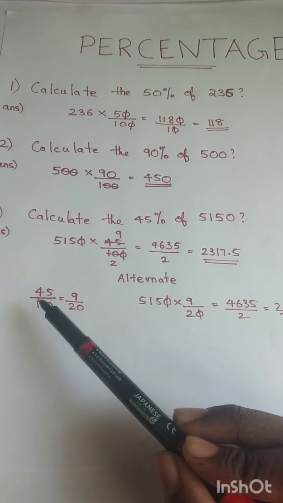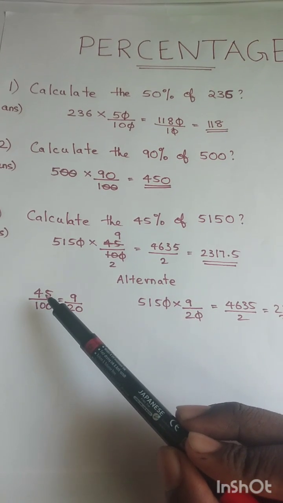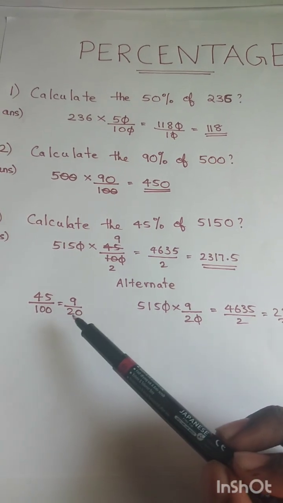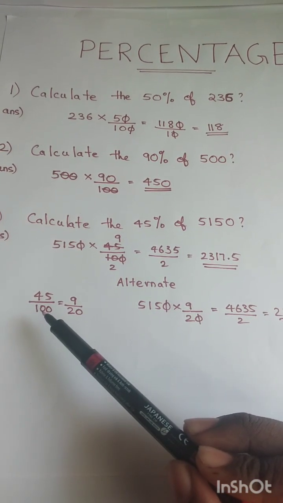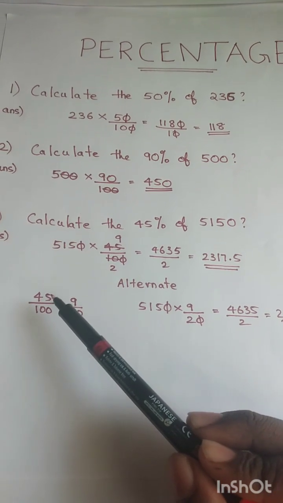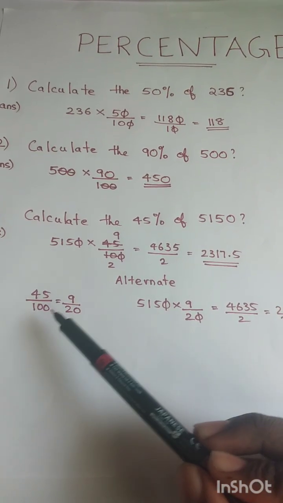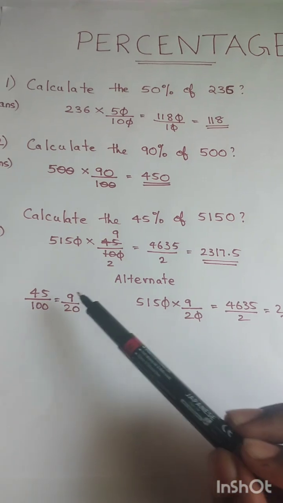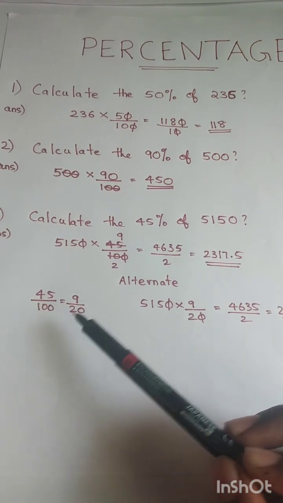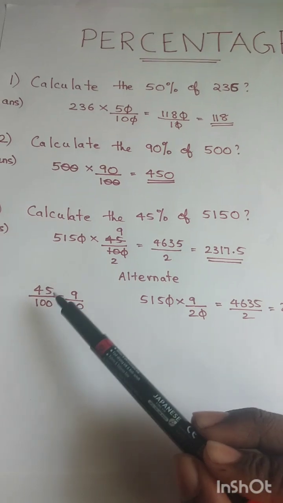So 5 goes into 45 nine times, and 100 divided by 5 would be 20. So the common multiple is 5, and 5 into 9 is 45 and 5 into 20 is 100. So we would get 9 divided by 20 as the answer for 45 divided by 100.